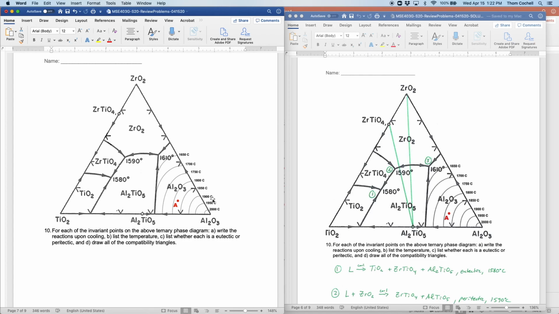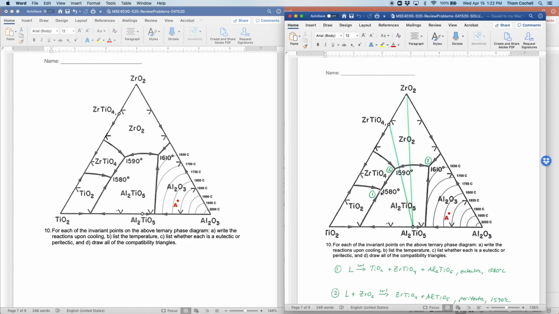For example, if I move over here to the other diagram here, if I look at the invariant point 1, I can use the arrows again, but I can also use the compatibility triangles. And the way I'm drawing those is to identify the primary phase fields around it. So TiO2, ZrTiO4, and Al2TiO5.